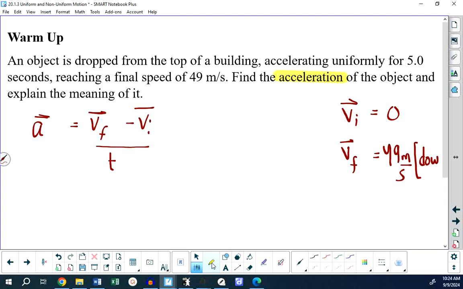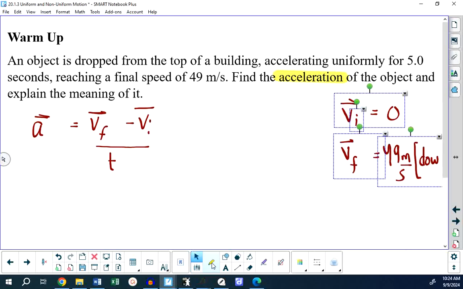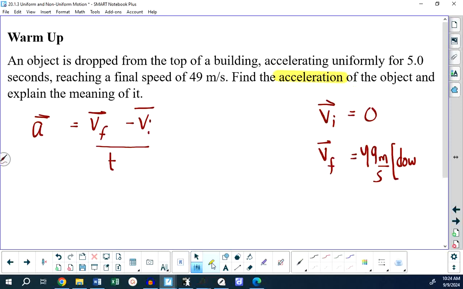Now, how do we handle that in a formula? Because the formula has vector symbols in it. And again, I said we're not going to worry about direction. We won't in a second, but I want to include it to begin with. Well, what we do is we say that that is negative 49 meters per second. We say down is negative. Left is negative if we're talking left and right, and down is negative if we're talking in the air.